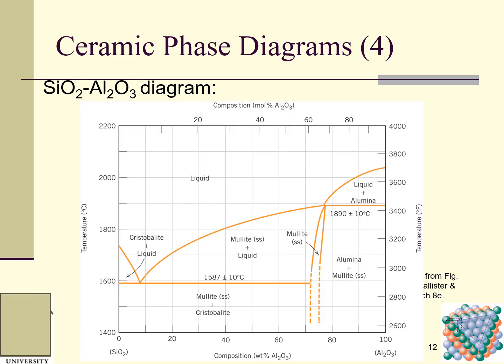So this is the silicon oxide and aluminum oxide diagram. And so here is 0, 100, and you can see these two can dissolve in each other from 0% to 100%. This is liquid and crystalline mullite, crystalline alumina, mullite, and this liquid alumina.